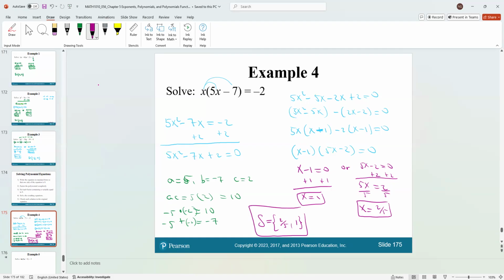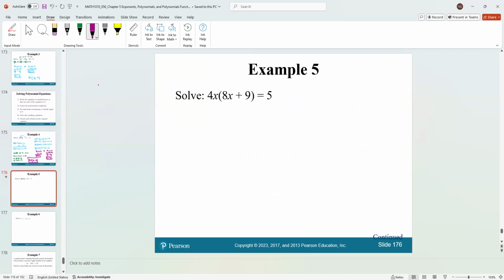We have a few examples to cover. Here again, I believe you need to distribute. Remember, when you have a monomial times a binomial, first of all, you use the distributive property: 4x times 8x, that gives you 40x squared, and 4x times 9 gives you 36x, equal to 5.